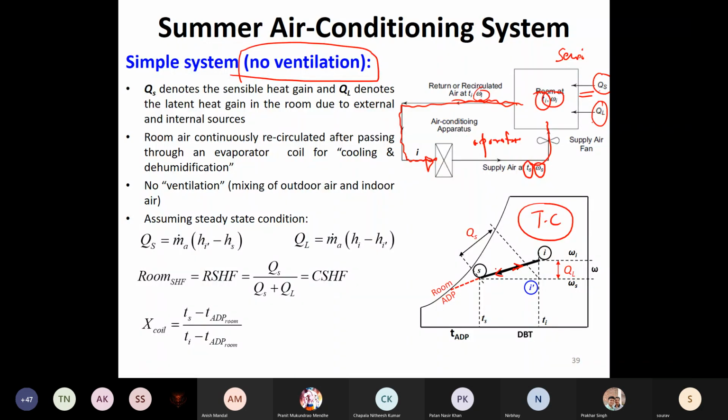Now when the supply air, which is the air leaving your indoor unit at this state, comes into the room, it will pick up the sensible heat, it will pick up the latent heat and come to this temperature and humidity ratio given by I. It will then go back into the indoor room unit, gets cooled and dehumidified, reaches this state S, and then comes out of this coil.